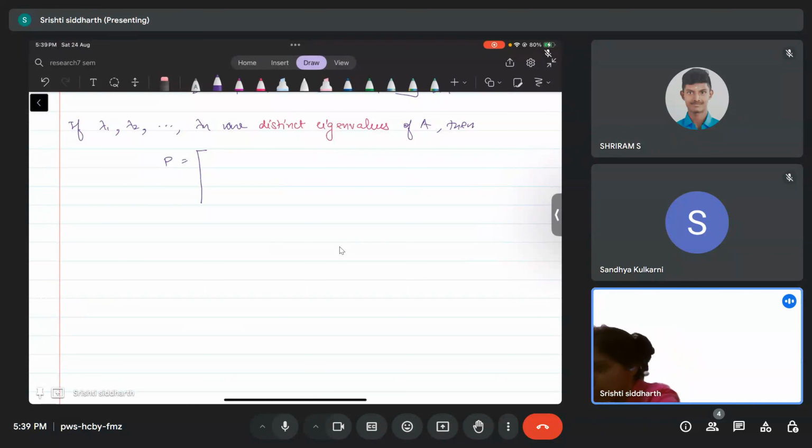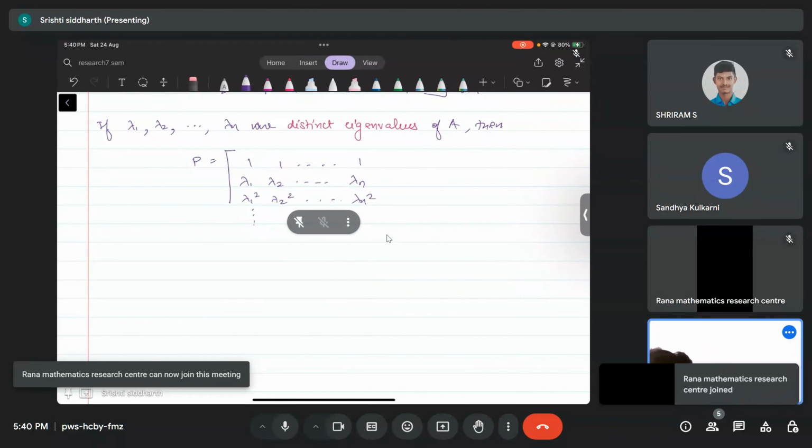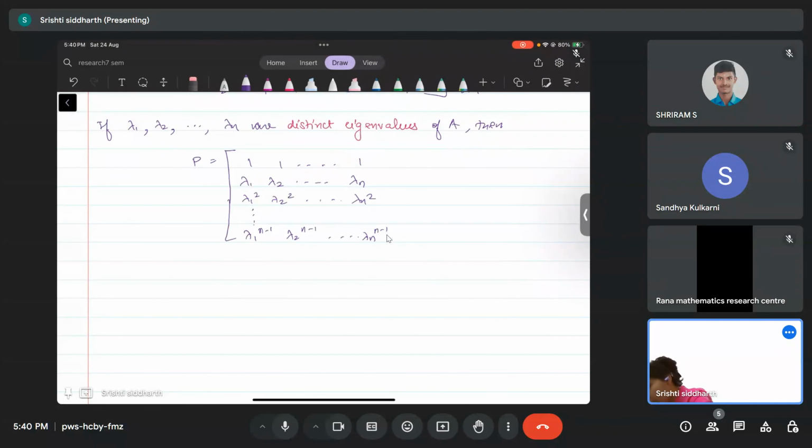There is a simple formula for this. First is the row of ones. Then you have lambda 1, lambda 2 up to lambda n. Then squares of these. And then we have lambda 1 to the n minus 1, lambda 2 to the n minus 1, till lambda n to the n minus 1. Again this is a square n by n matrix, and this is going to be invertible.